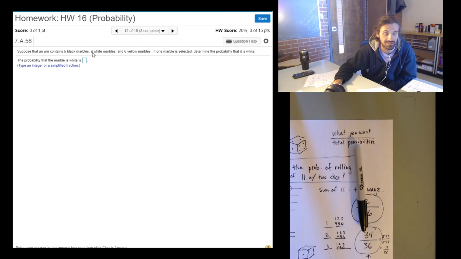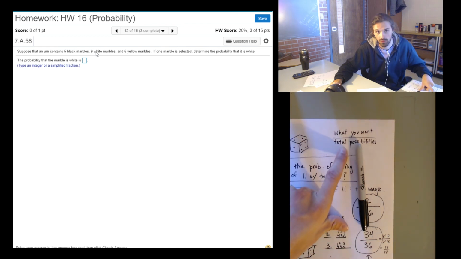So 9 is going to be in the numerator of your probability, which begs the question, what's in the denominator? Well, the denominator is the total number of possibilities. So it could be black, it could be white, or it could be yellow. So the total possible outcomes would be the 5 plus 9 plus 6. So that'd be 20. 5 and 6 give you 11, plus 9 more gives you 20.